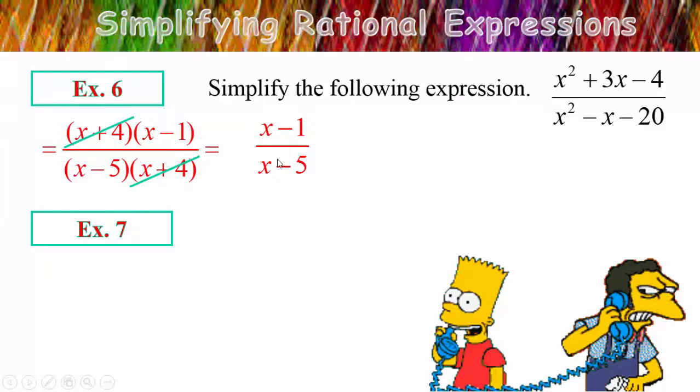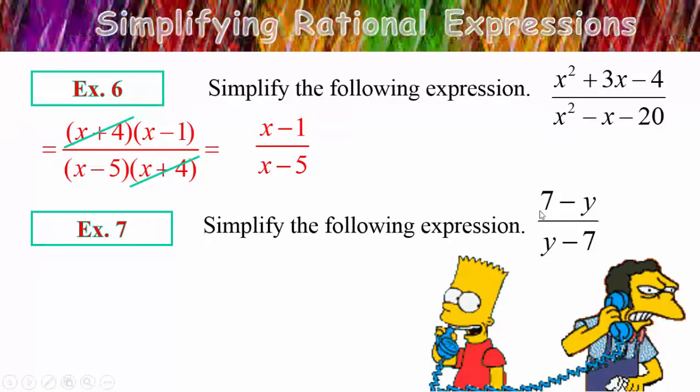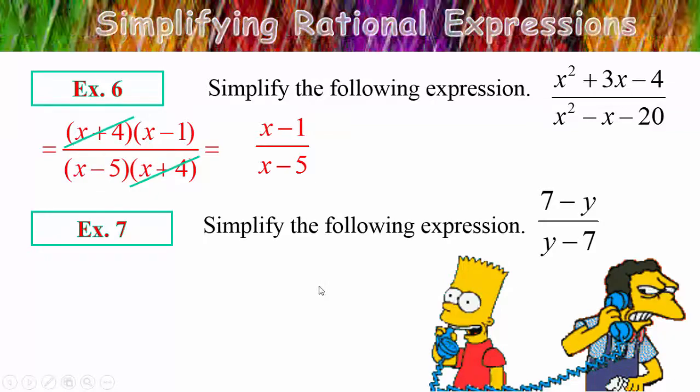And here in example 7, we simplify this. Now notice we're going to use the same trick here that we used in example 4 and 5, because we see that they have the same letters and numbers but opposite signs. So we're going to pull out a -1 on the top and rearrange it. So there we pull out the -1 and rearrange it so both the top and the bottom are the same.